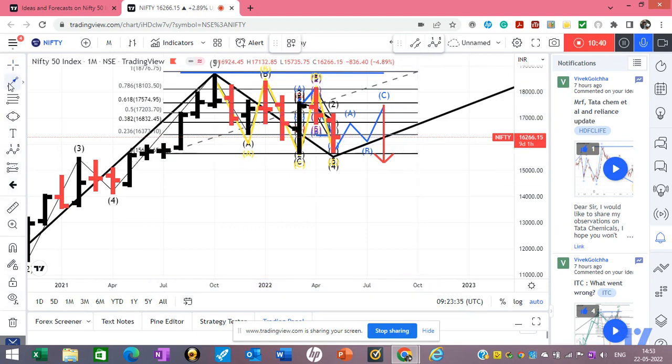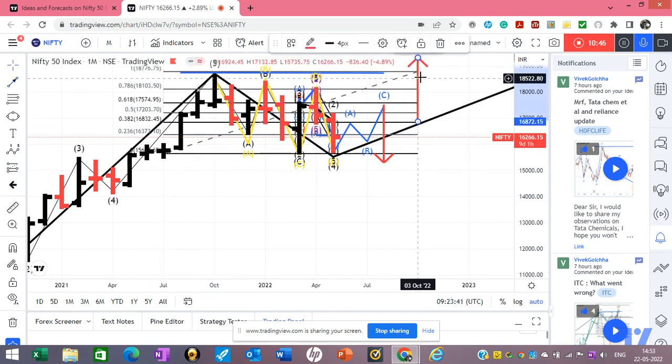And when this goes up and breaches the top, then I can say Nifty is bullish. Right now we are in corrections. This is the fourth wave correction as per the daily chart. But on the monthly chart, it is showing the start of wave A. So two views on Nifty.